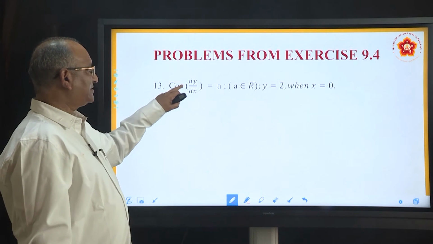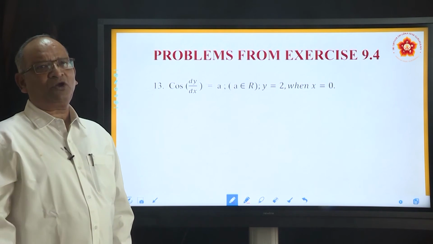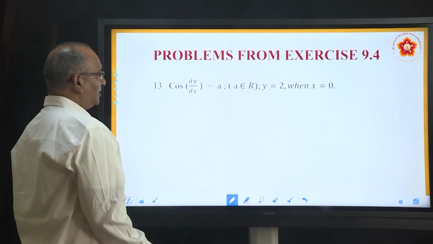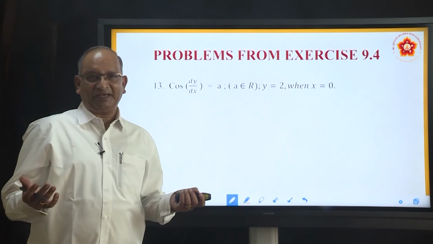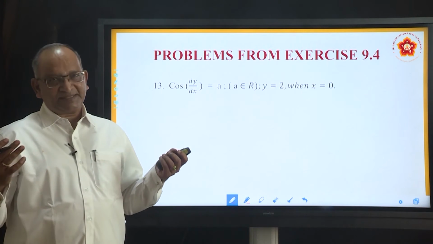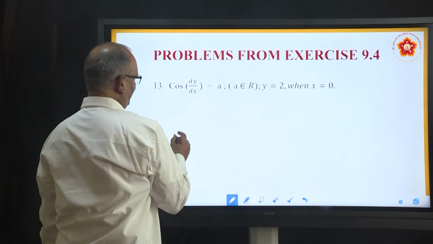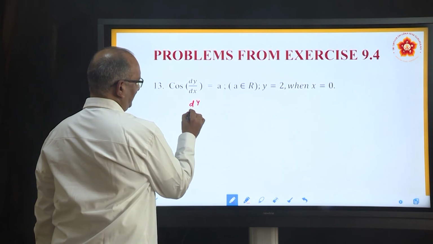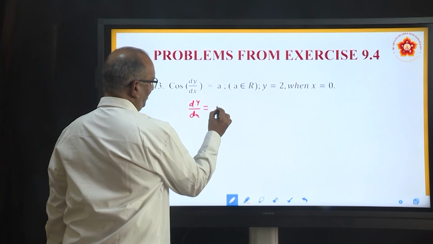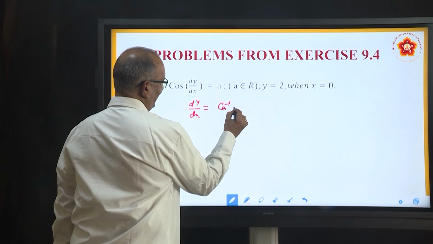Because he has given cos dy by dx is a, which is nothing but a constant. Our objective is to separate the variables, but even to separate the variables there should not be cos. So take cos to that side, it will become dy by dx equal to cos inverse a.